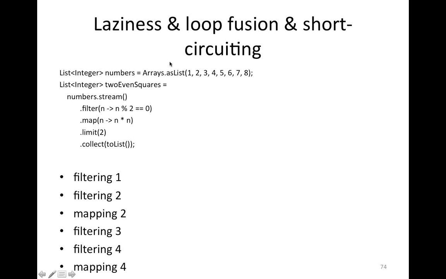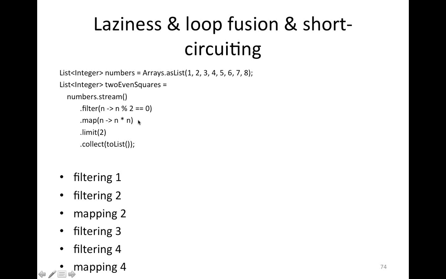Here we take the same example, and there's an output of what happens behind the scenes. First we take the first number, which is 1, and filter figures out that, well, it's not an even number, so let's throw it away. It takes the next number, which is 2, and figures out that it's an even number. Well, it can pass it to the map method directly.